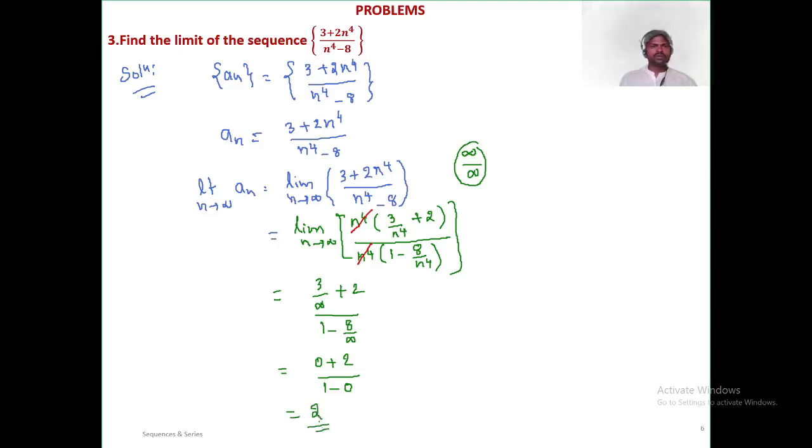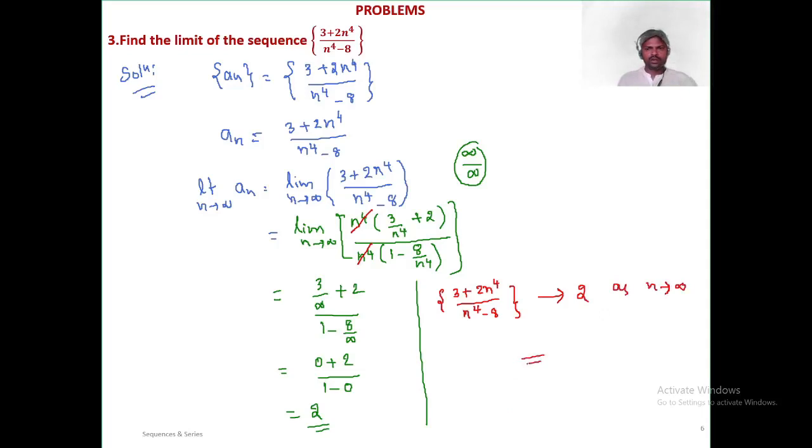Therefore the given sequence, 3 plus 2 n power 4 upon n power 4 minus 8, converges to the number 2 as n tends to infinity. So the given sequence converges to 2.